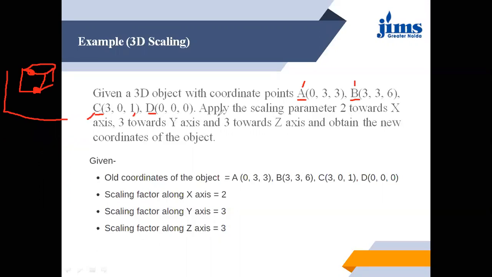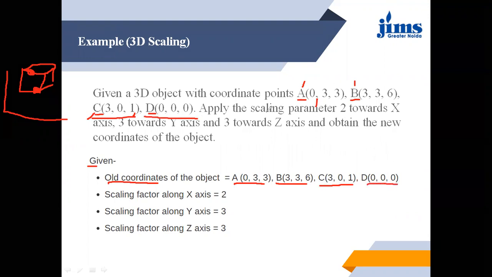In this question, first we will see what is given to us. We are given the coordinates of the old points: A old is 033, B old is 336, C old is 301 and D old is the origin, 000.